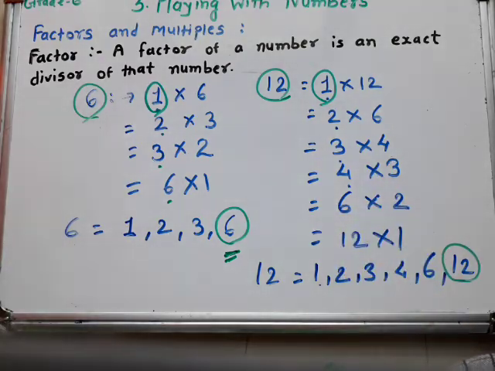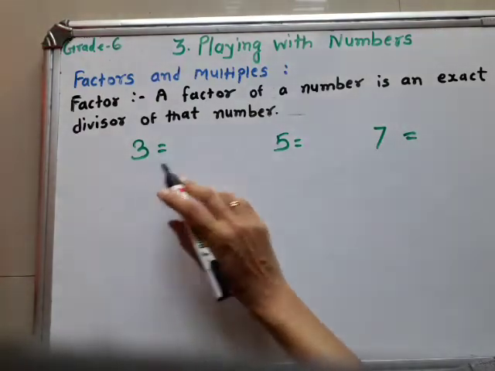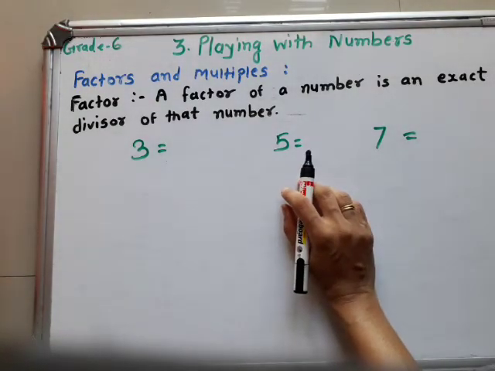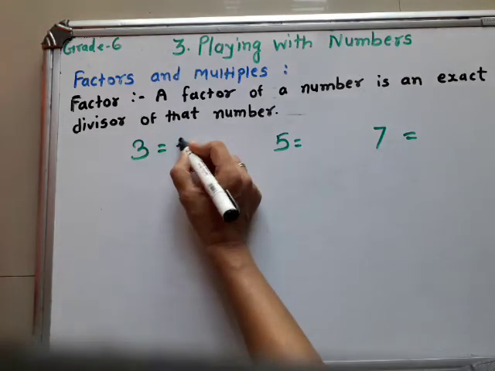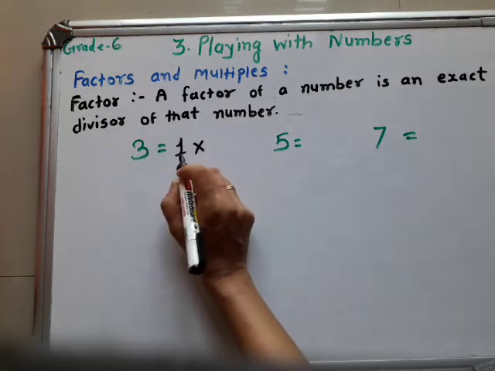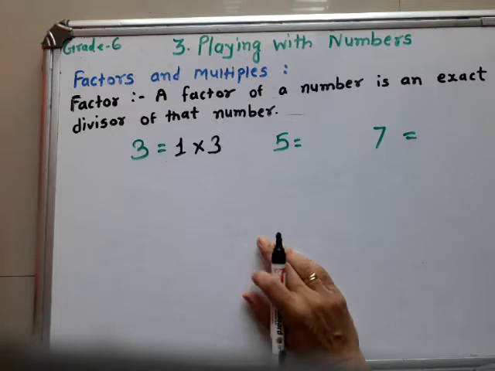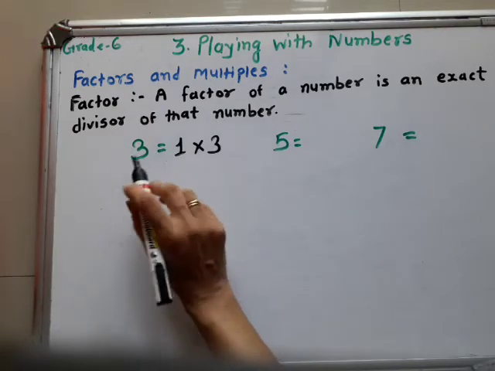So here we see one more example. Now find the factors of 3. Okay, so factor of 3: 1. Remember this, 1 is a factor of every number. 1 threes are 3. We can divide any number by 1. Then 2 के table, not possible.